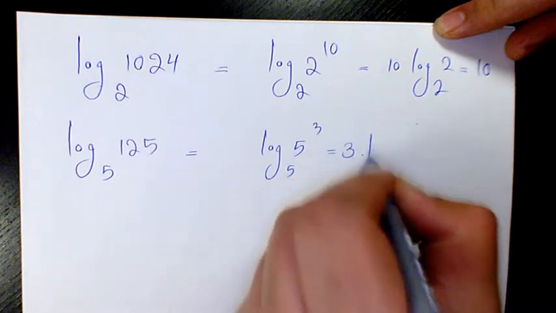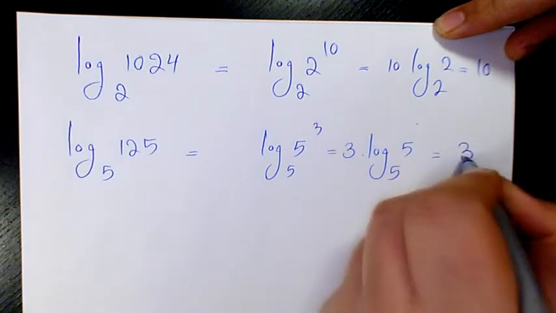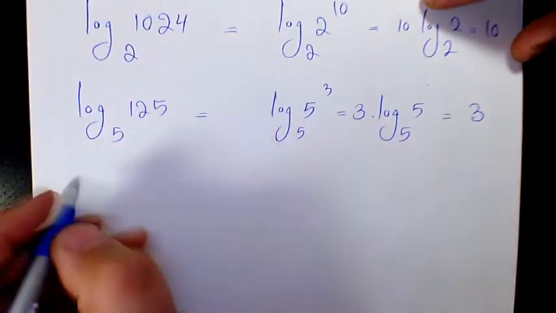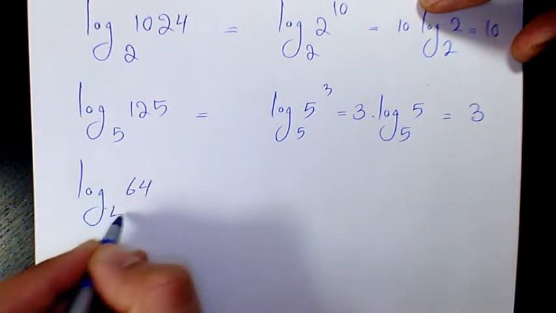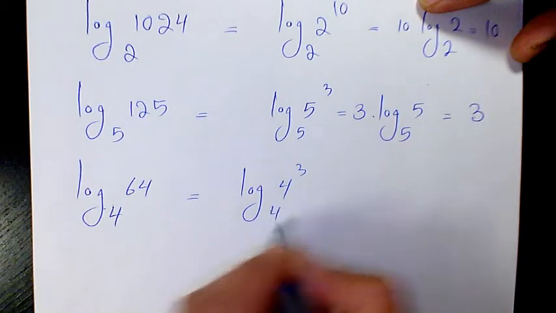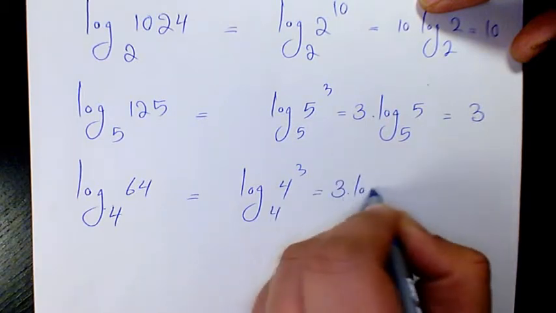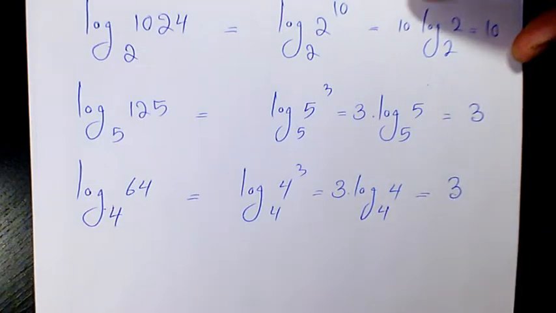It's going to be 3 times log 5 base 5. 3 times 1 is going to be 3. Next one, log 64 base 4 is going to be log 4 to the power of 3 base 4, which is going to be 3 times log 4 base 4. 3 times 1 is going to be 3.